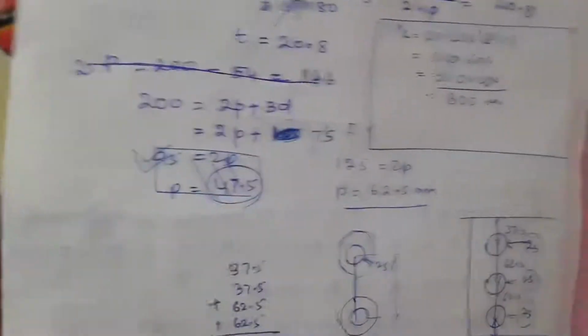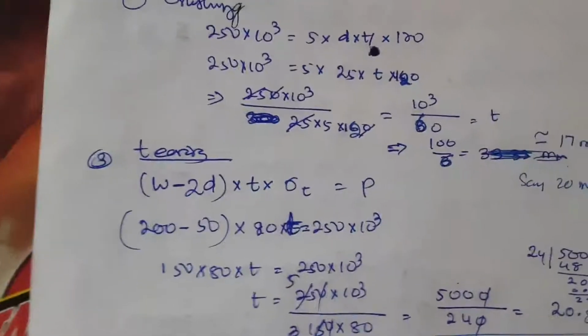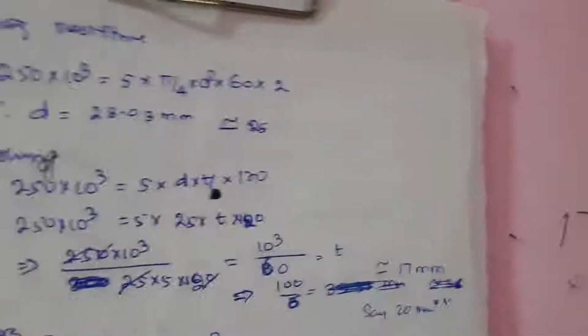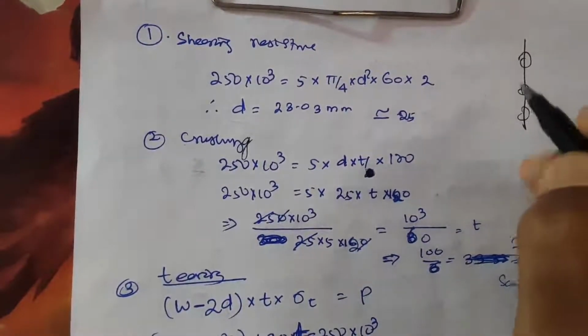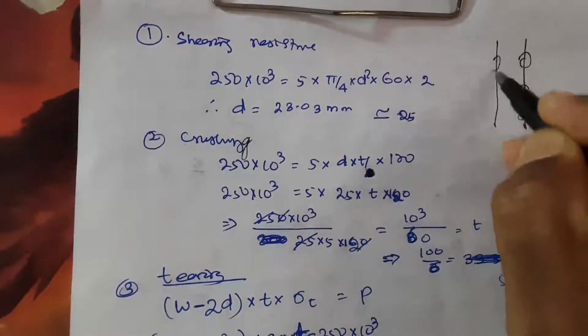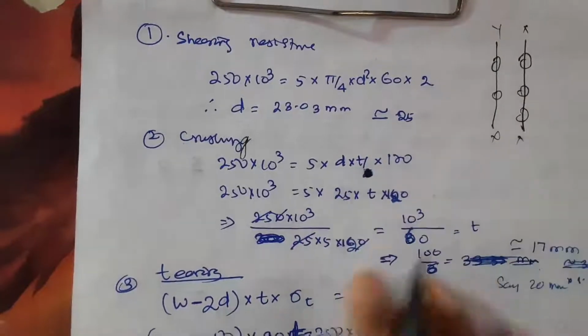So you have to check the shearing resistance. There are 2 rows of rivets. There are 3 rivets in a particular row, that is XX, and in YY as shown.